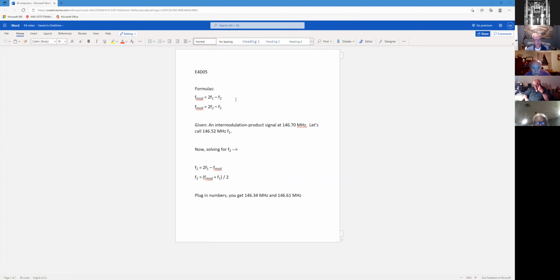The way the question's set up, they give you the intermodulation product signal, and they give you another frequency. We'll just call that F1. Then you just rearrange the formulas to solve for F2, plug the numbers in, and those are the results you get. You'll need a calculator, but if you can remember these two little formulas, that seems like a pretty simple way to get this one.